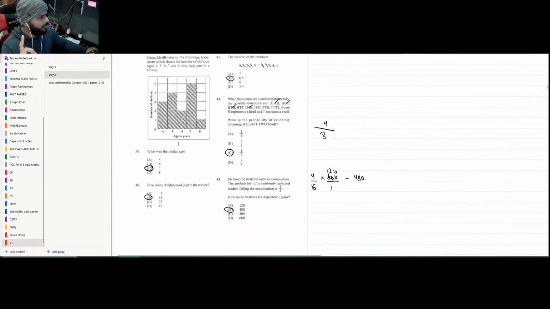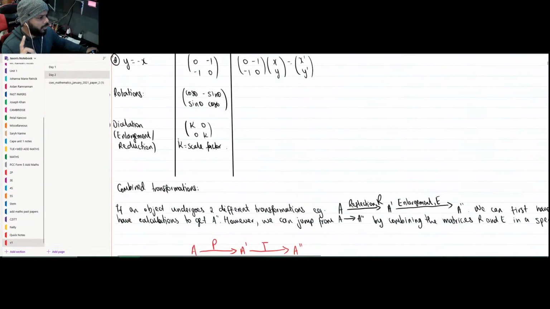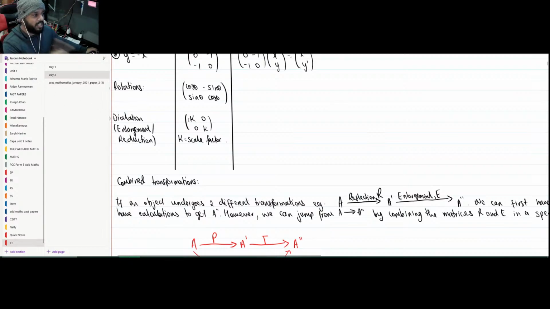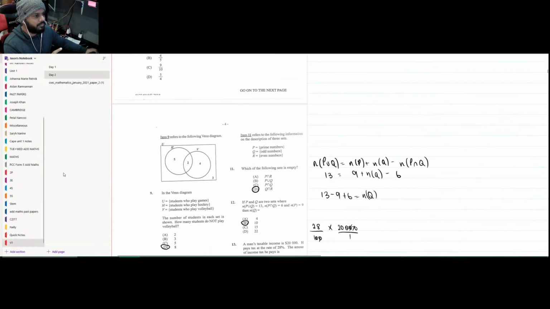Alright, so observe this here, right? If we recall, we did transformations just now, and transformations that underwent a scale factor, in this case an enlargement, is k, 0, 0, k. K is the scale factor. So if I label the vertices A, B, C, then from A to A prime, it will be the matrix k, 0, 0, k multiplied by the coordinates of A, which is 4, 4, and it will give me A prime.